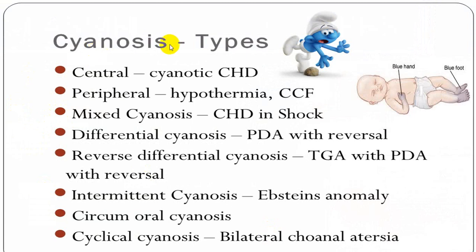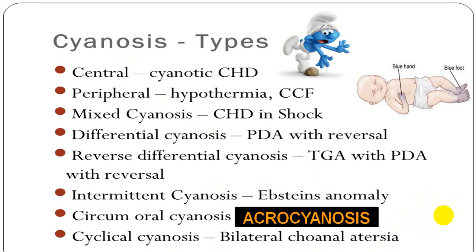We have told you central, peripheral, mixed, differential, reverse differential, intermittent, circumoral, and there is also cyclical cyanosis or intermittent cyanosis. Bilateral choanal atresia is the cause for cyclical cyanosis. These are some of the terms which you can come across related to cyanosis, and we'll be explaining those particular terms.